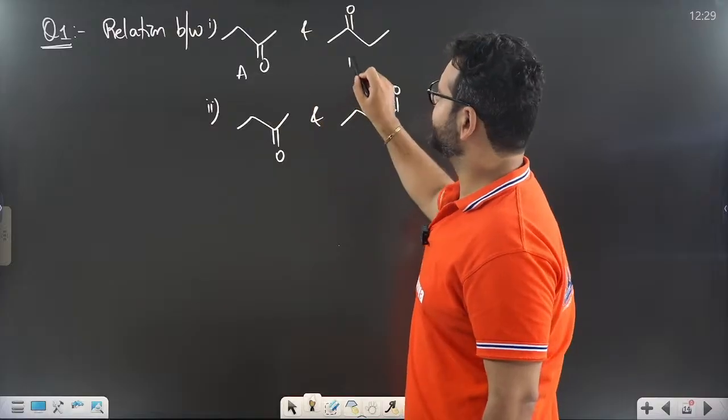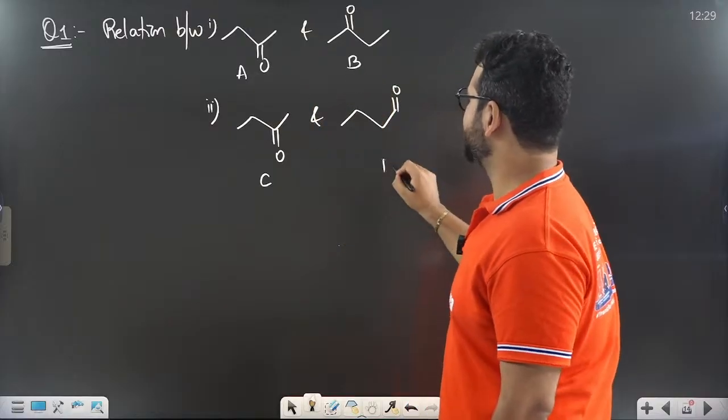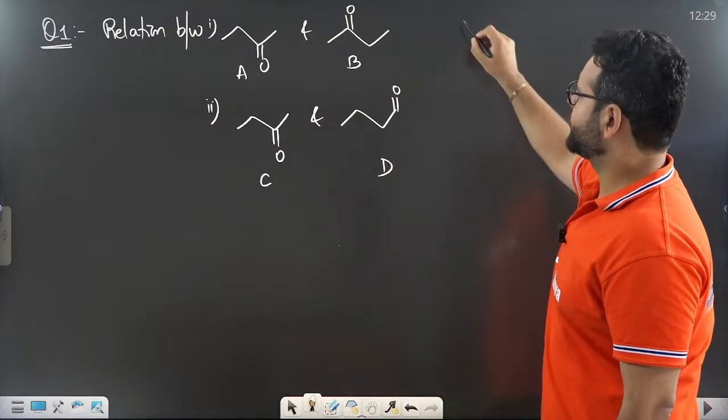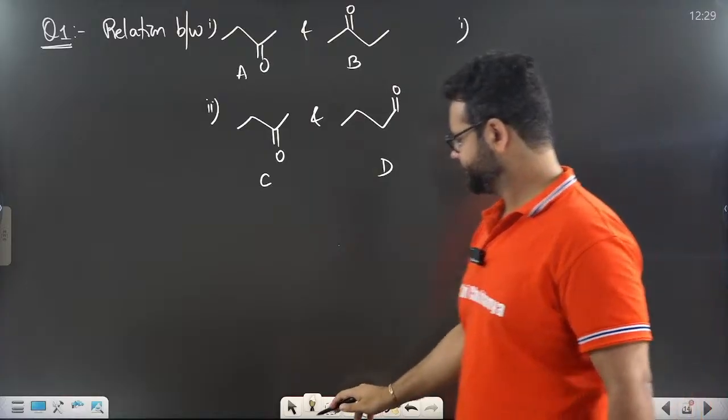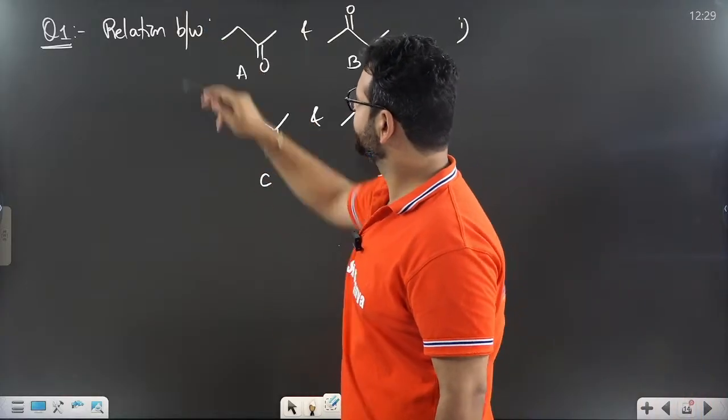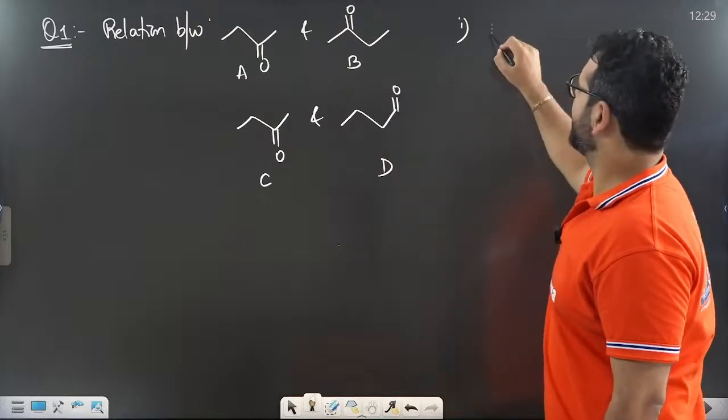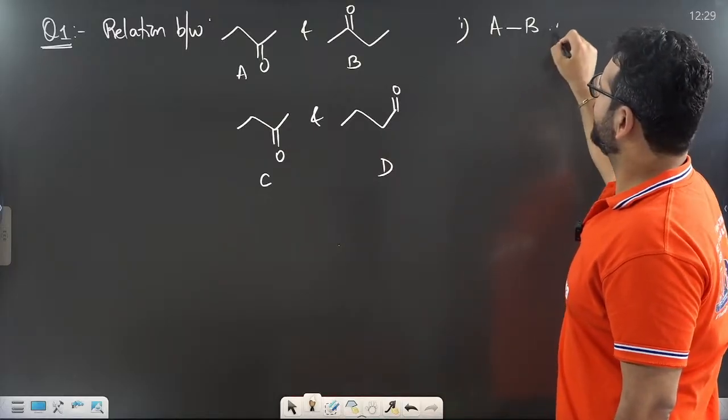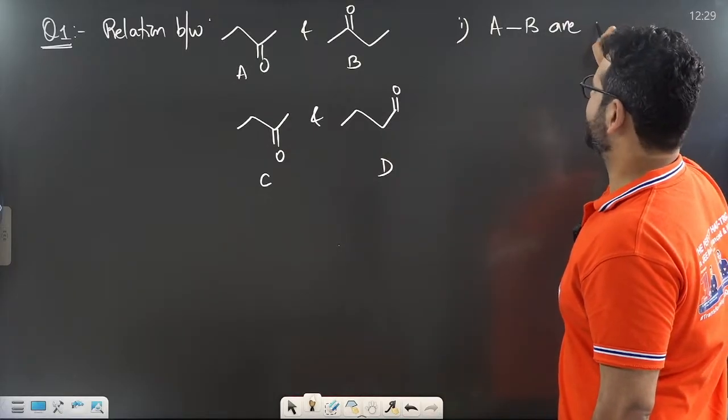This is A, this is B, this is C, this is D. Options are: first option, A, B are position isomers.